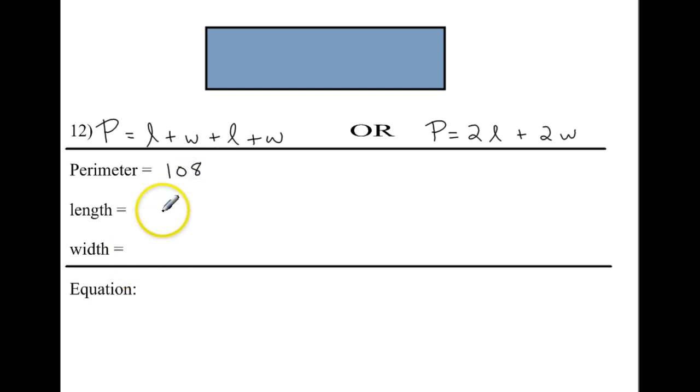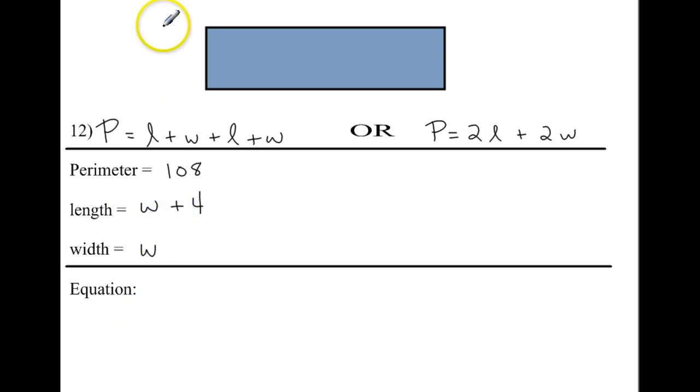The length, they don't tell us the length and they don't tell us the width, but I know that the length is 4 more than the width. If you think about those tips I gave you on the first problem, you want to pick a variable that is the smaller of the 2 amounts. That's going to make your life easier. So if I pick the width as w and the length is 4 more, it's going to be w plus 4.